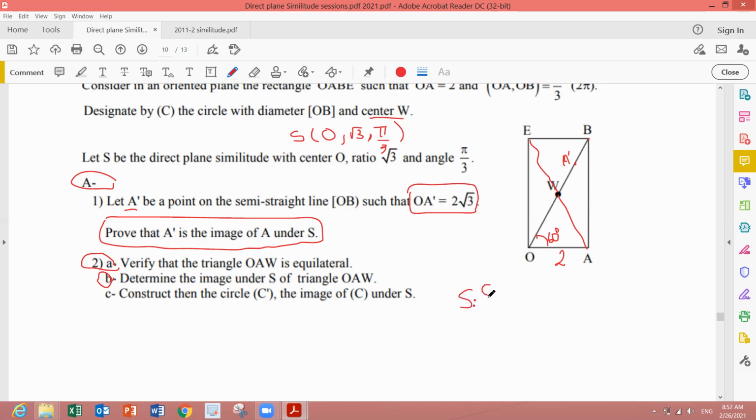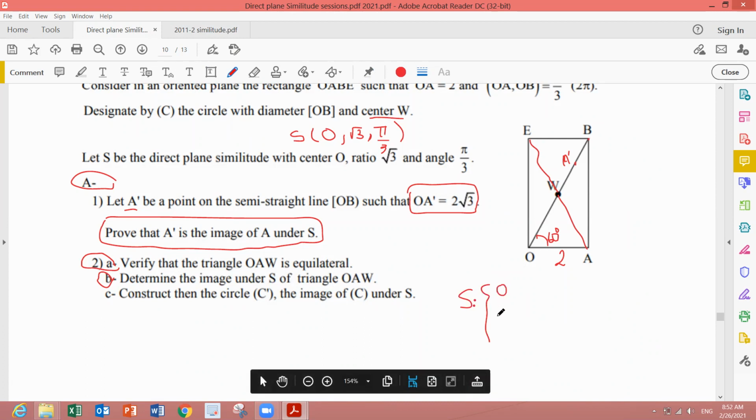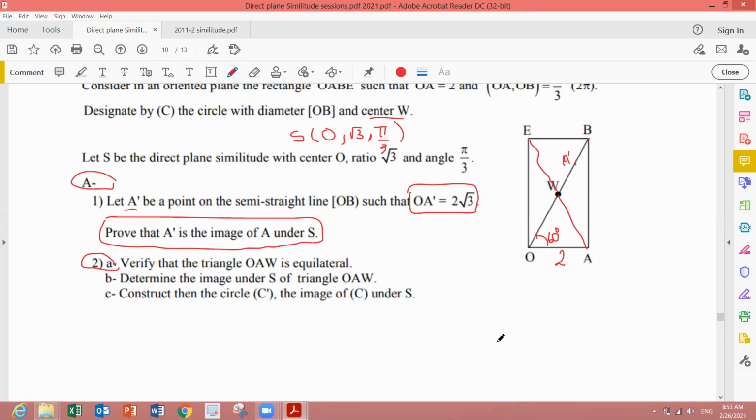طيب, but where it is? عندنا image of O، عندنا image of A prime، عندنا image OAW. The O is O. The A is A prime.